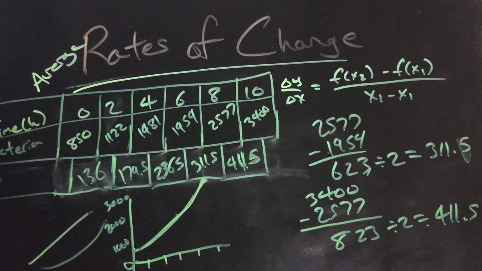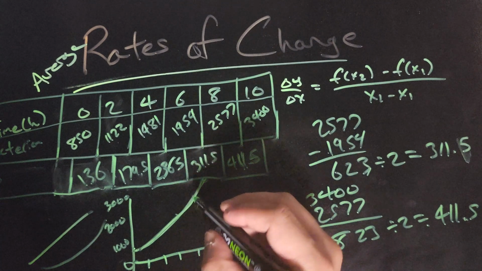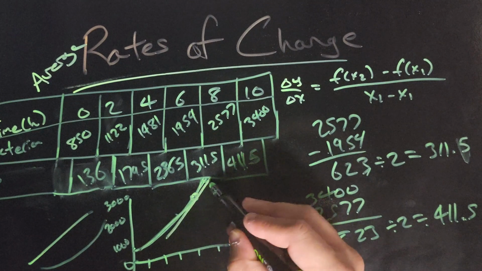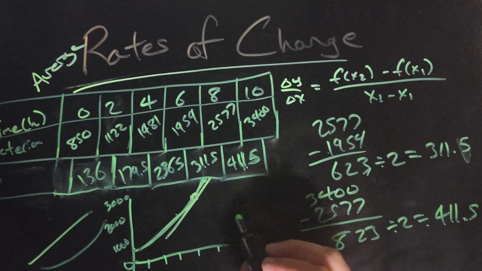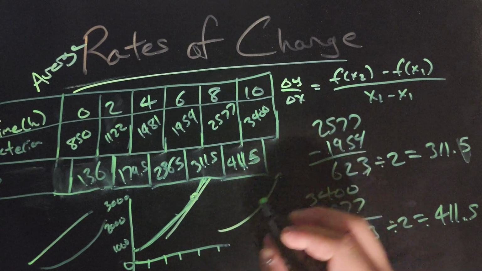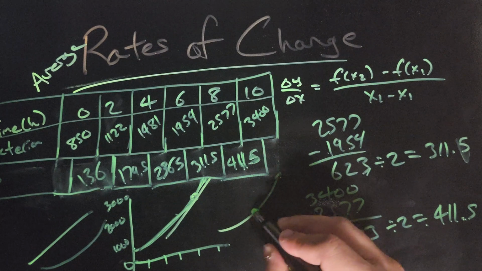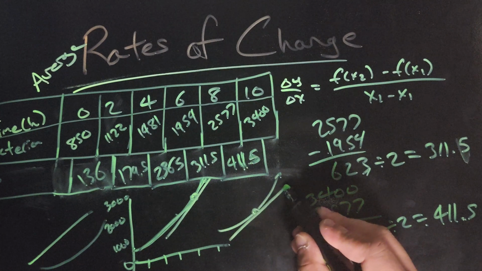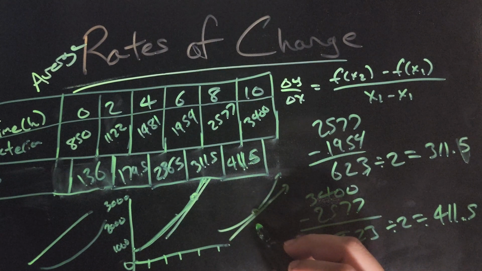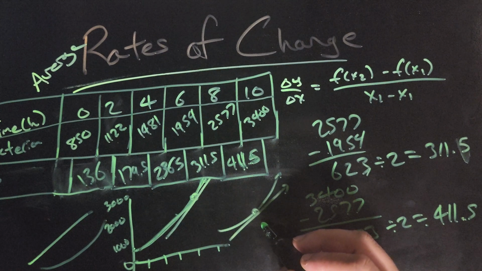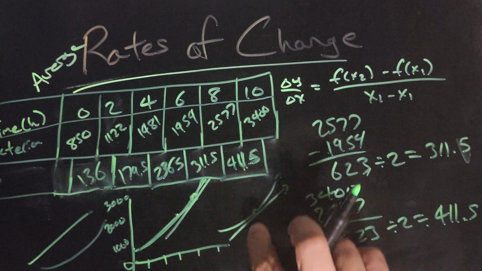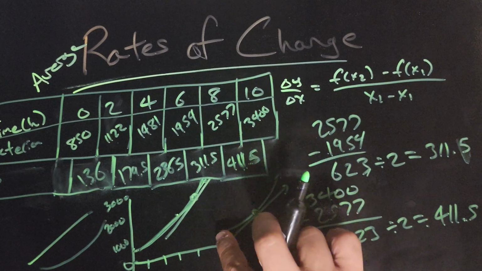And you can actually find the rate of change at any given point by finding a secant line. So what is a secant line? Say you have this curve and you want to find out the rate of change here. All you have to do is plant a line that goes through that point. Or sorry, this is a tangent line that I just described.